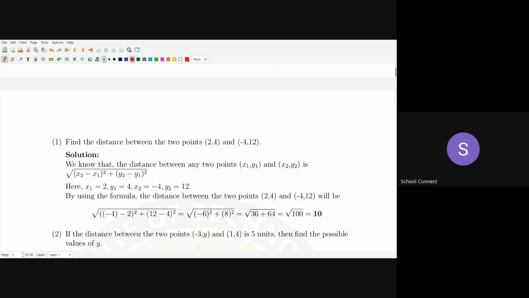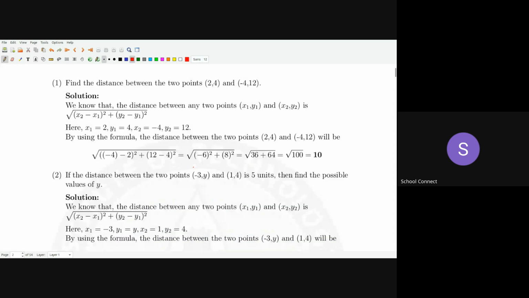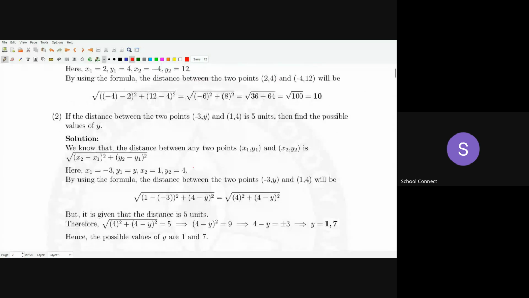Okay. So here also nothing changes except the information given is slightly different from the previous question, and what we have to find is different. In the previous question we asked you to find the distance, but in this question we are asking you to find y1. But we will use the same formula, but this time the distance we know.